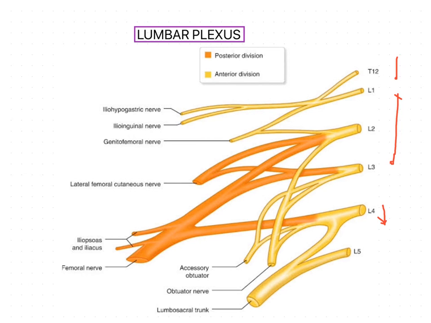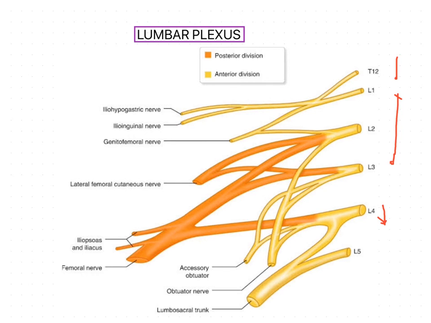Now if you see the L4, I have told that the major portion of the anterior primary rami is taking part in the lumbar plexus. What about the other part, isn't it?